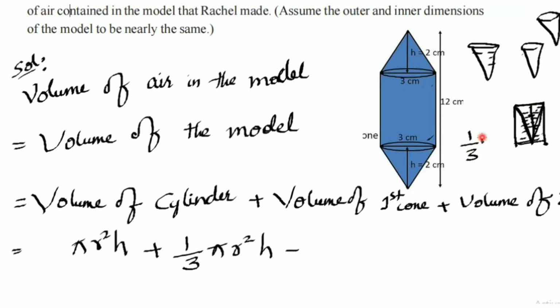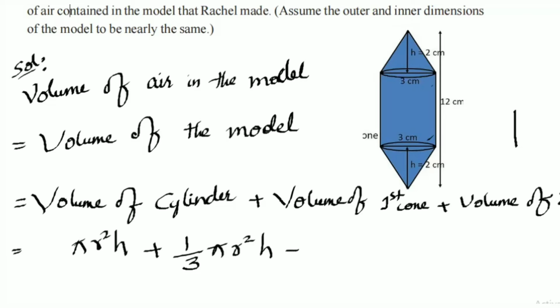So volume of one cone is 1 by 3 of the volume of one cylinder. For example, if the volume of cylinder is 9 centimeter cube, then for a cone with the same height and same radius, it will be 9 divided by 3, which is 3. I hope you understood.